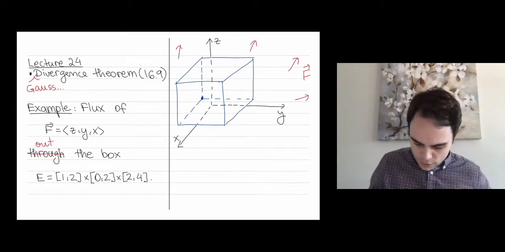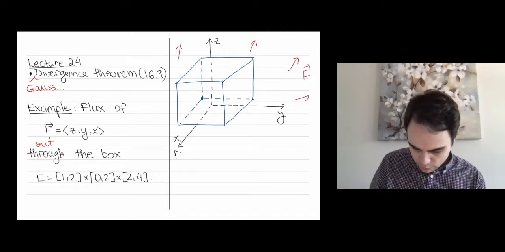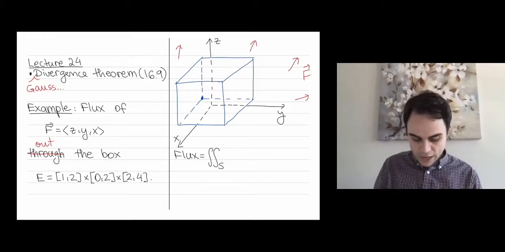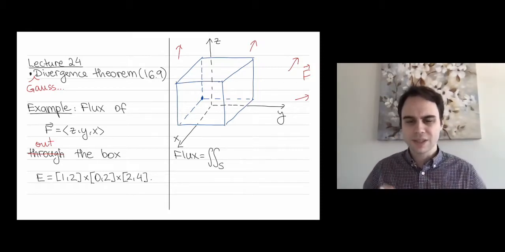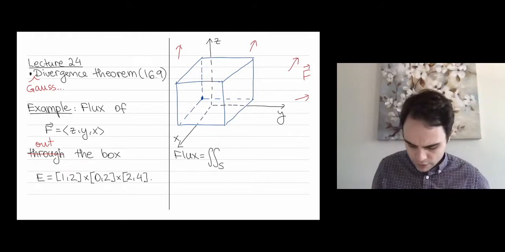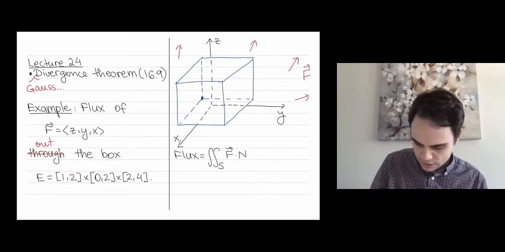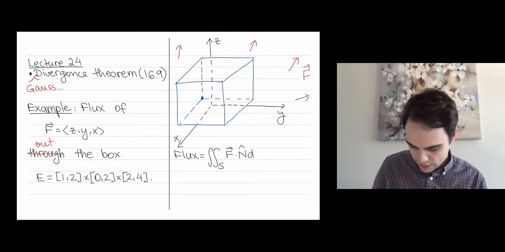So the flux is the double integral over the boundary surface, the 6 sides of this box, of f dot n dS.